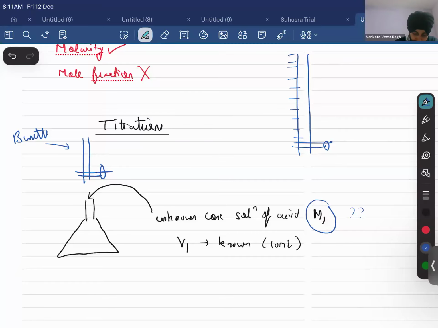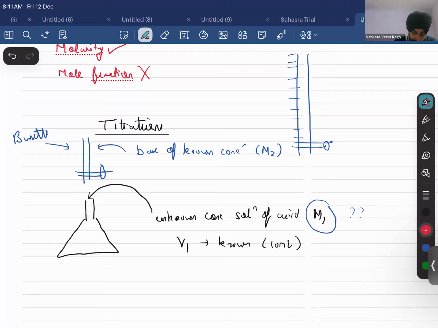And in this burette, I am having base of known concentration. Let's say this is M2, but we know it. So now, what titration does is it tells you about the value of M1. Somehow it tells you the value of M1.